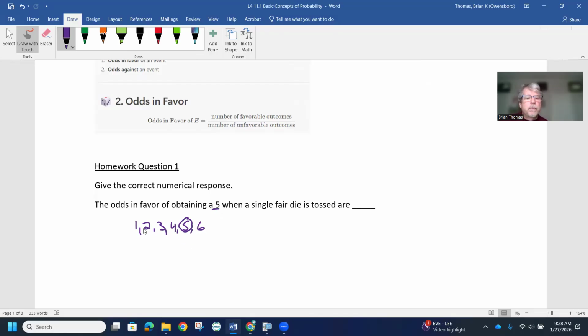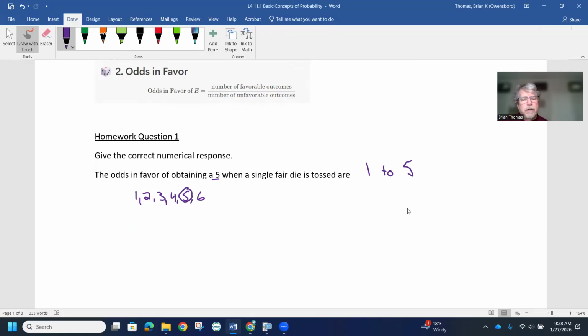So that means there's five unfavorable outcomes. So the odds of obtaining a five would be one chance in favor to five chances unfavorable. So we can write that in this form of 1 to 5. Odds are a lot of times written that way. I think that's the way they are in this book as well, simply one in favor to five unfavorable.